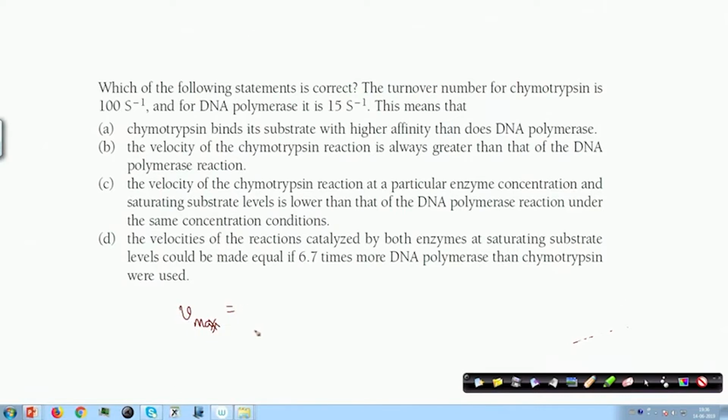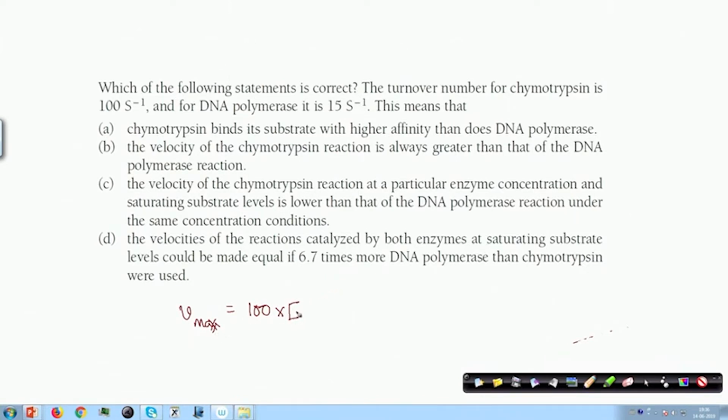chymotrypsin. So, chymotrypsin Vmax will be what? Turnover number of chymotrypsin is 100 into, suppose you are using the concentration of the enzyme, this is Vmax.